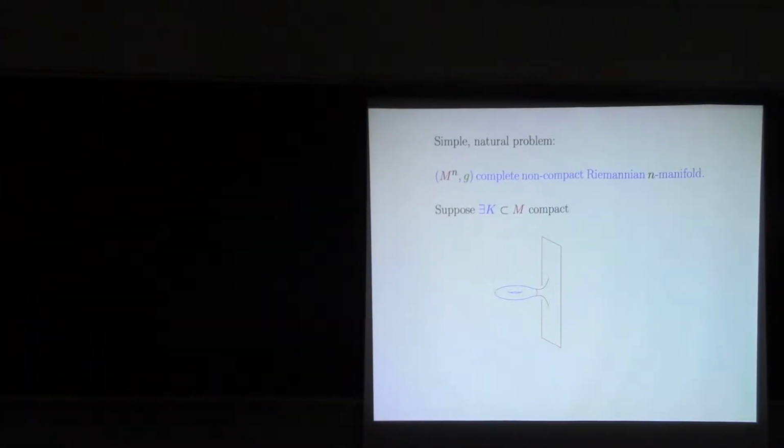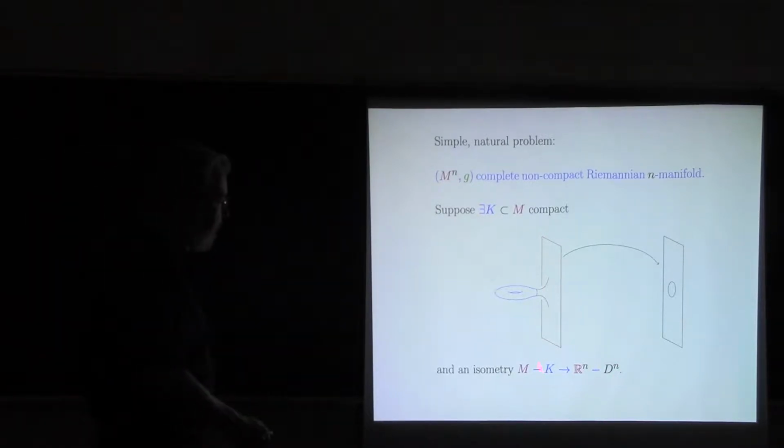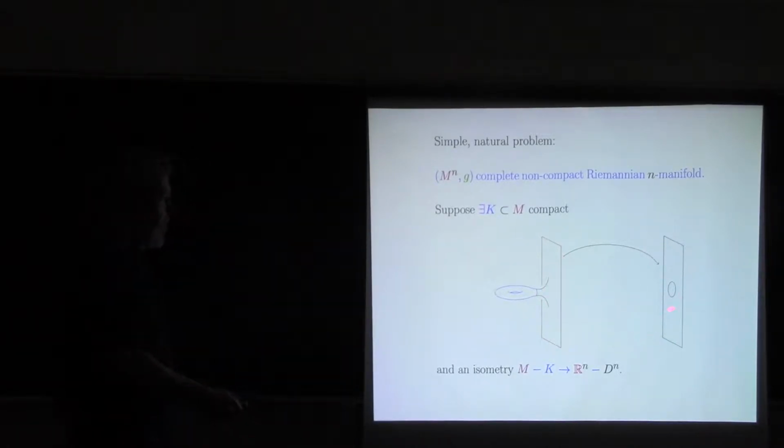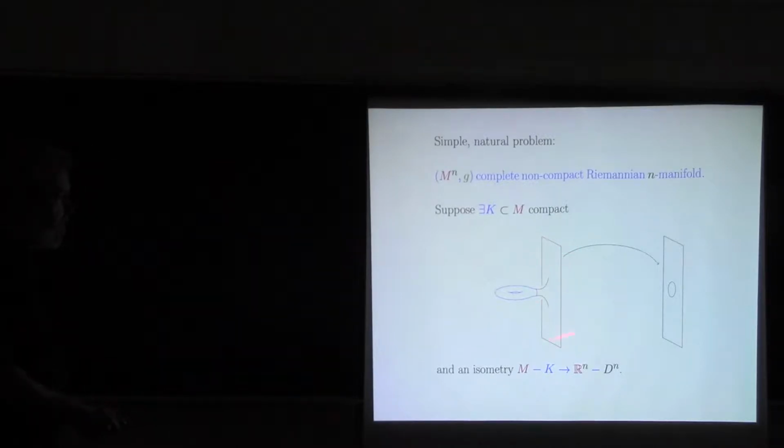So you might imagine the following situation. Suppose there was a compact set, and outside the compact set, what was left over just looked like the complement of a ball in Euclidean space. Let's assume for the moment that the complement of this region is dead-on isometric to Euclidean space. So we have some metric here which just looks like the Euclidean metric, and then in the middle we've changed it, maybe changed the topology.